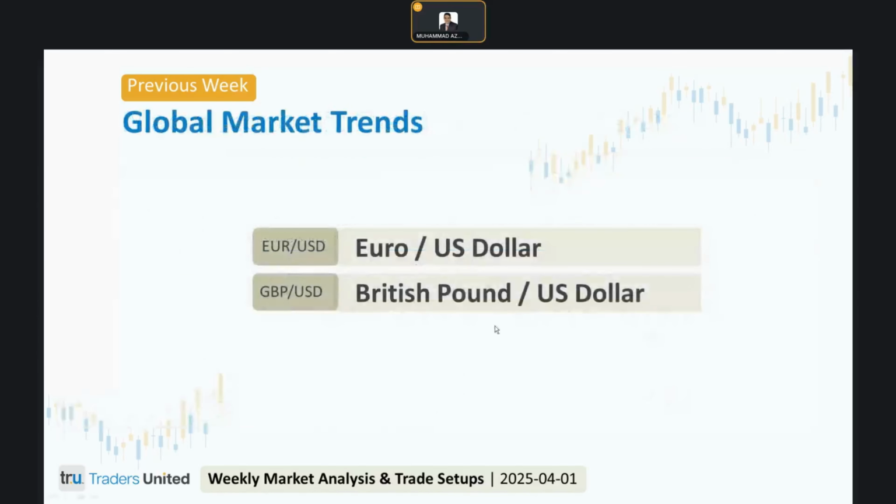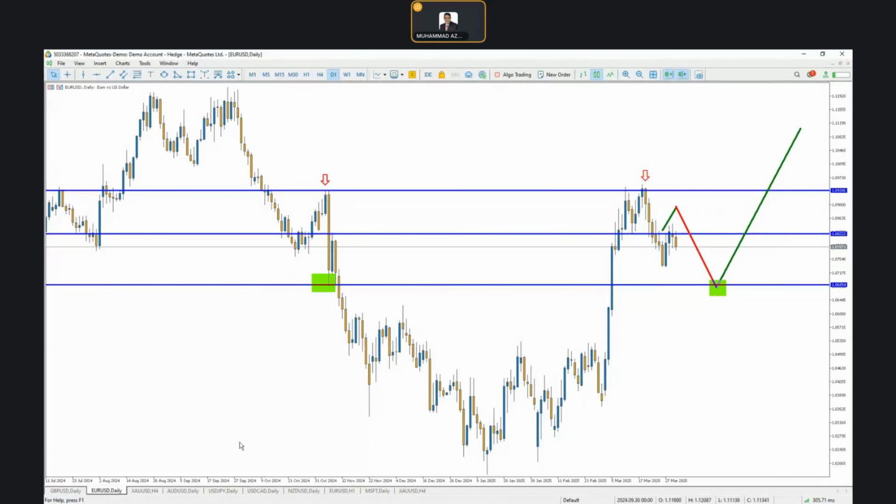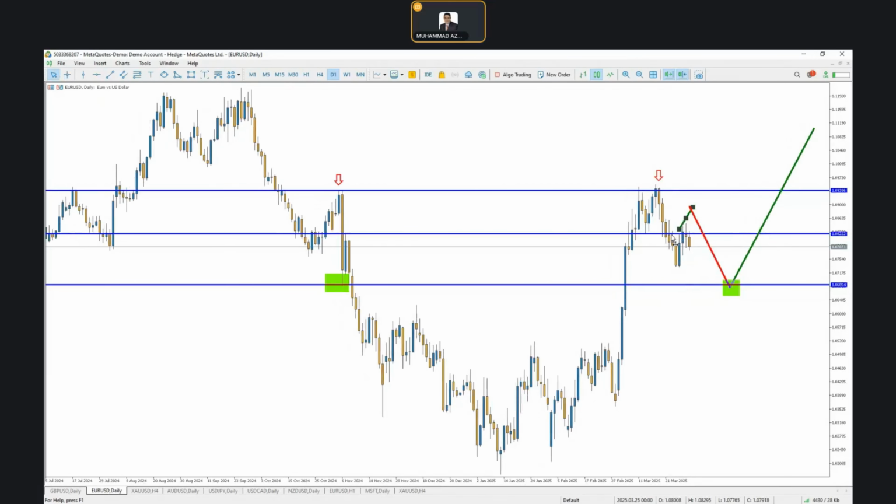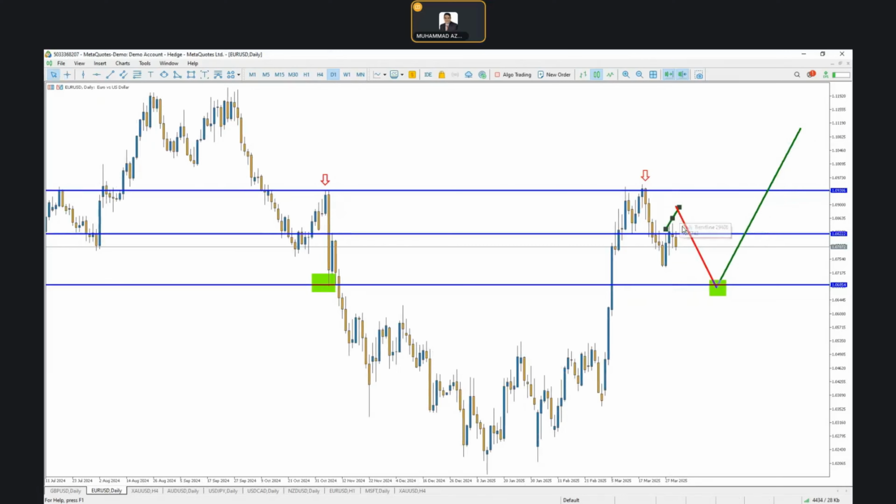Okay, next one is the euro dollar and British pound. And let me go over to the chart of euro dollar. So my analysis was that euro is going to rise up a little bit more. It kind of missed that level. But overall, after this bullish pullback, I'm expecting the price action to drop all the way down to reach the 1.0685 area, somewhere down over here.